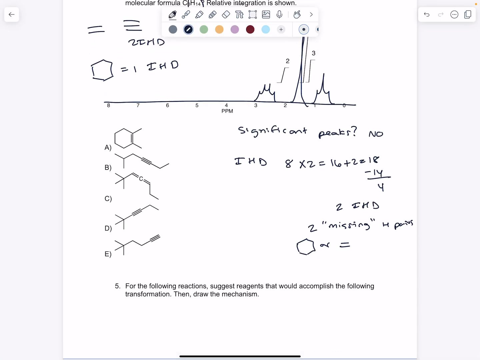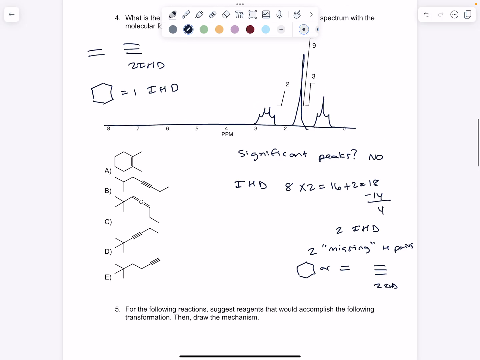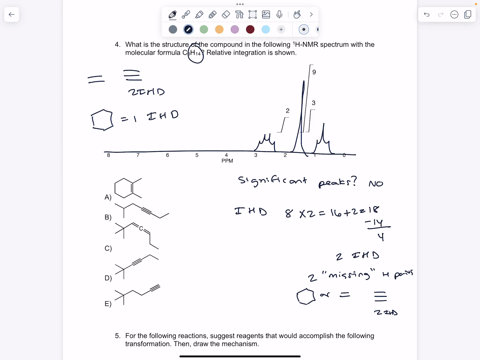So we could have 2 rings, we could have 2 double bonds, or 1 triple bond is 2 index of hydrogen deficiency. So that would have given me a really helpful clue when I was thinking about the fact that, like, oh, we need to have 2 index of hydrogen deficiency. All of these do have 2 index of hydrogen deficiency, so it doesn't give a good clue on eliminating multiple choice, but it does tell me what could have been going on between these groups.